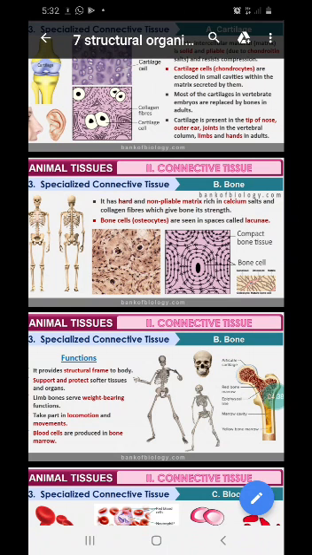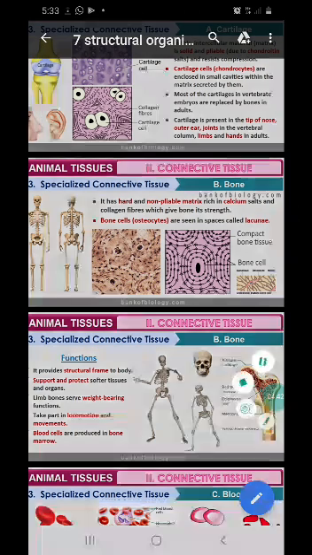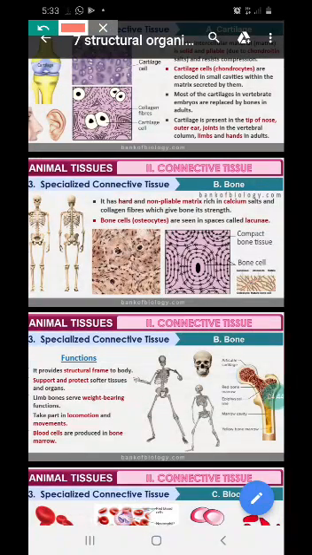Cartilage cells are enclosed in small cavities. You can see these are the cavities. The cells, that is the chondrocytes, are placed in cavities in the semi-solid matrix. So this gap is called lacuna.